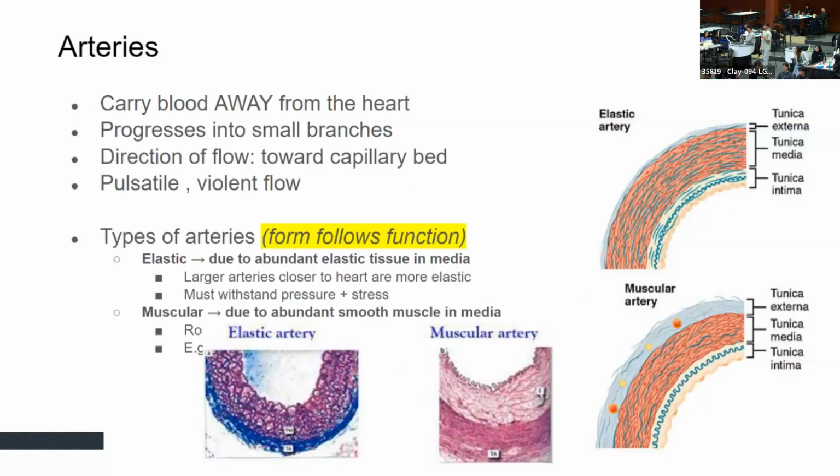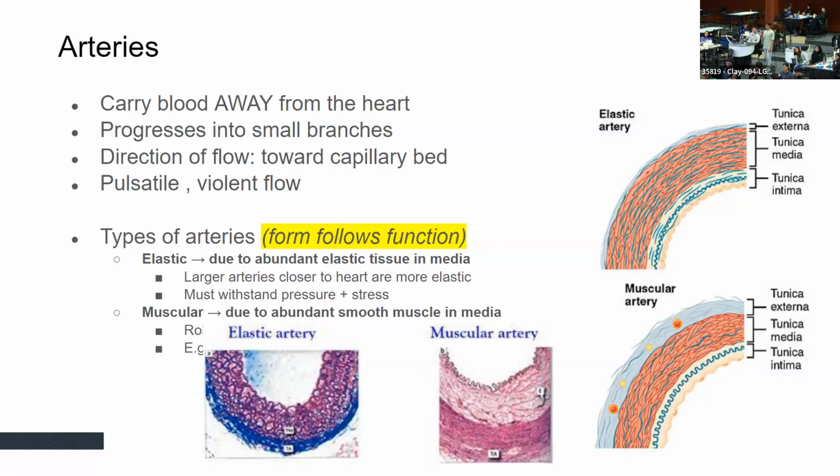So arteries, if you guys haven't gotten used to identifying arteries and veins on a histological slide, a good way to think about it is that arteries are usually going to be thicker, and they are going to have a more circular lumen, even outside the body.